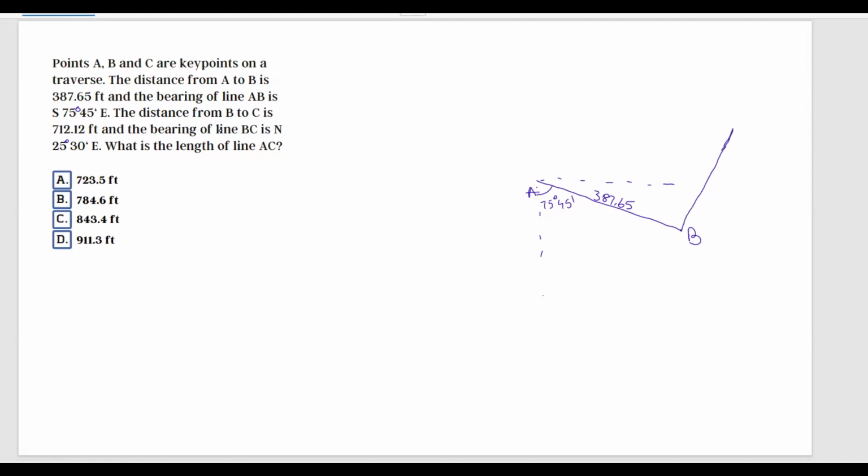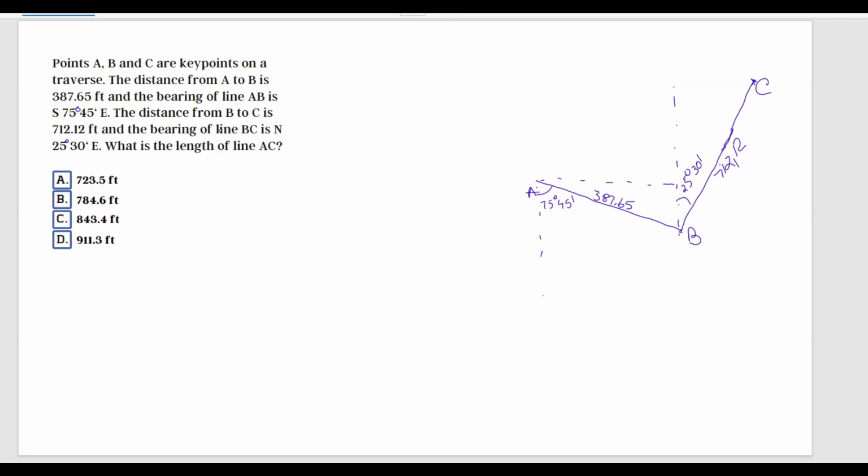And the distance is 712.12 feet. And this angle over here is 25 degrees and 30 minutes. And this is point C.